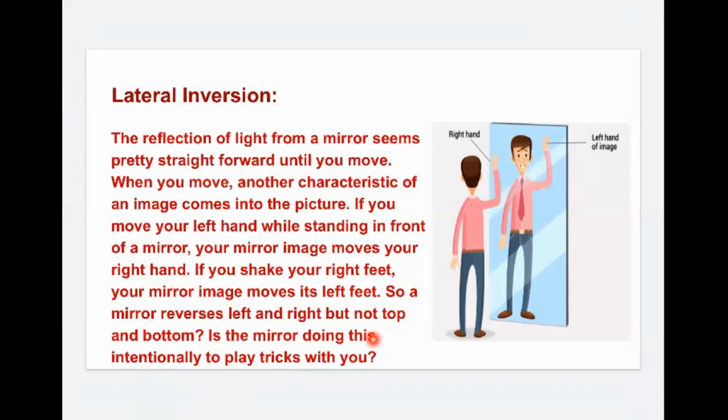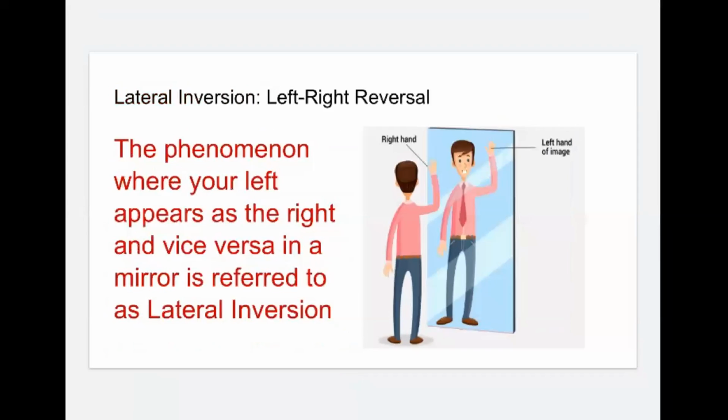Is the mirror doing this intentionally to play tricks with you? Not at all. It is just a matter of lateral inversion, students. Lateral inversion is also called left-right reversal. The phenomenon where your left appears as right and vice versa in a mirror is referred to as lateral inversion.